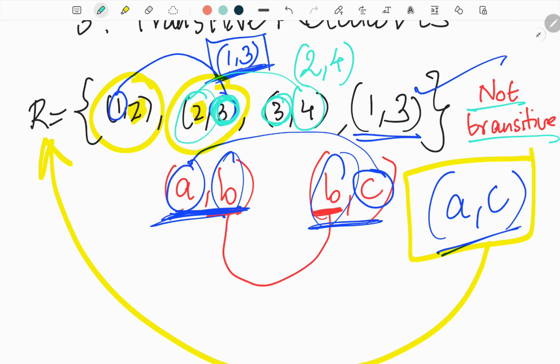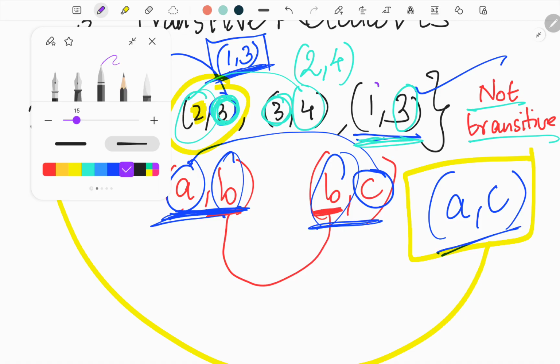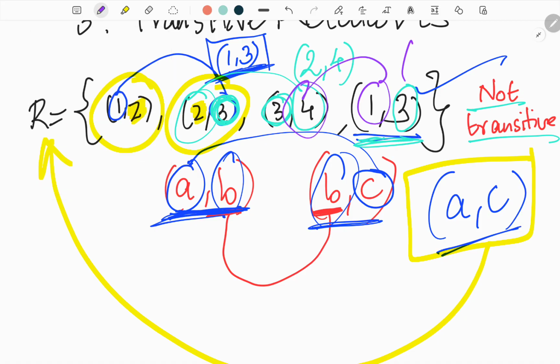Now, let's look at another condition. You have to satisfy this condition for all the possible ordered pairs. So, let's look at this ordered pair 1, 3. Now here the image is 3 in this ordered pair as well. So I can even connect 1 and 4 and make an ordered pair 1, 4.